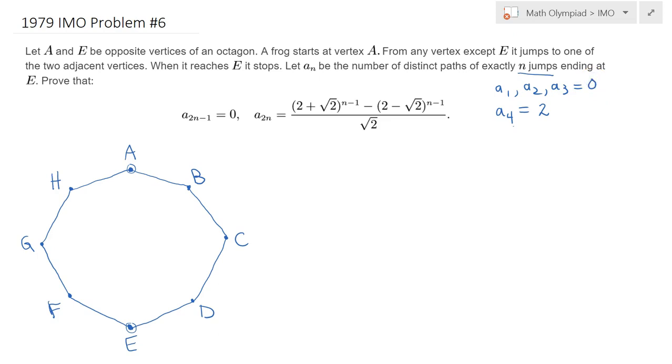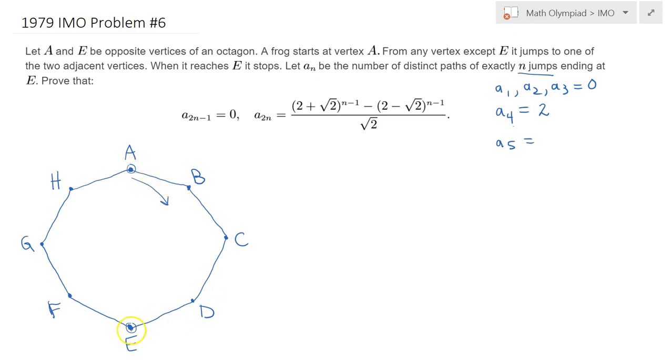Does that make sense? How about A5, for instance? Can we ever reach the point E in 5 steps? Well, obviously 5 steps means an odd number of steps. So starting from point A, let's assume without loss of generality that we went that way, the clockwise way.